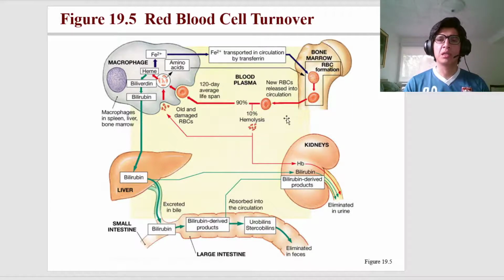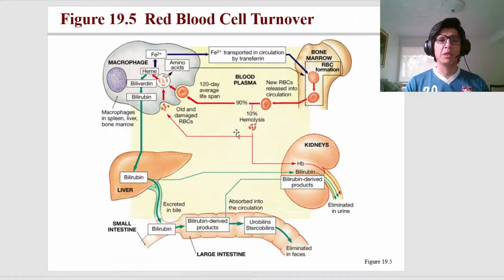They're formed within the red bone marrow, and 90% of them will live 120 days and then their components get recycled by macrophages. 10% of them will just naturally hemolyze and get released in urine. If your urine is of a reddish color, it's because this process is happening in a detrimental manner.